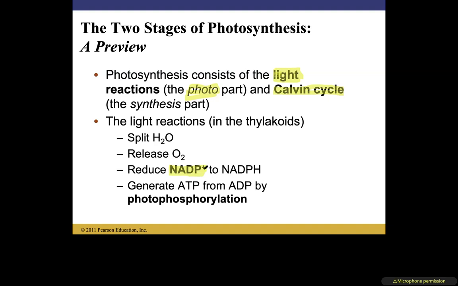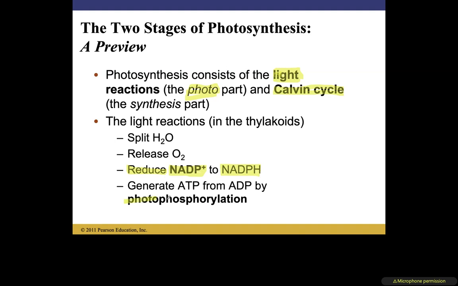Because of his positive charge, he's attracting electrons. Well, he's going to get reduced, meaning he's going to take electrons. And when he takes those electrons, that'll help him to hook on an H and then become a new molecule called NADPH. Boom.